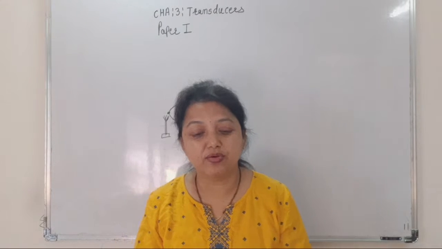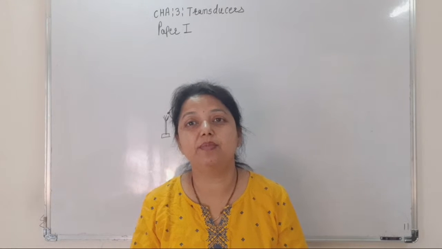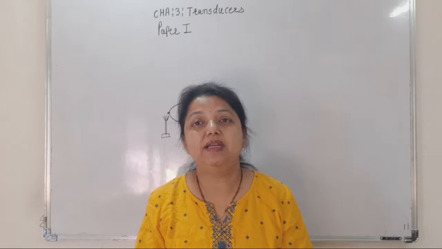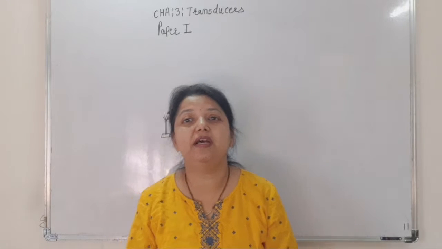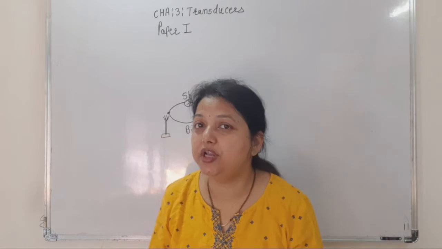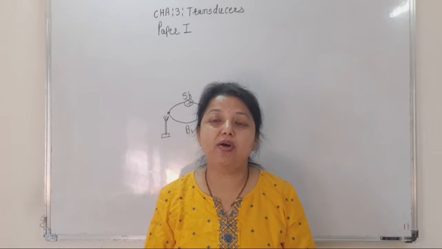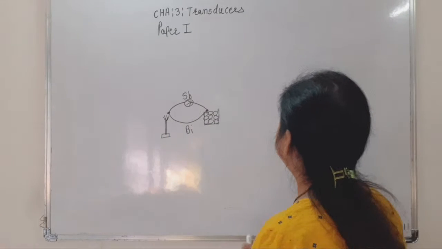Okay, so after that, in our last lecture we studied about the thermistor, temperature dependent resistance. It has high sensitivity. It is constructed of a material having a negative temperature coefficient of resistance. For that we just discussed negative temperature coefficient of resistance, NTC.